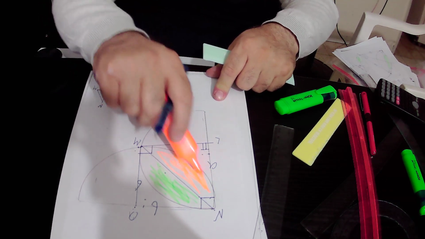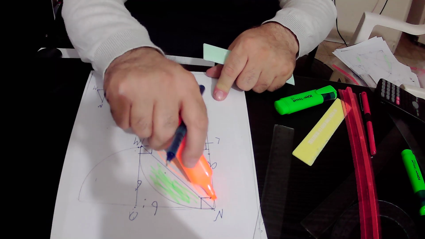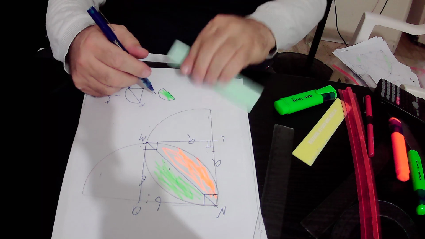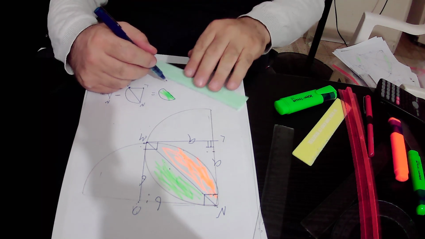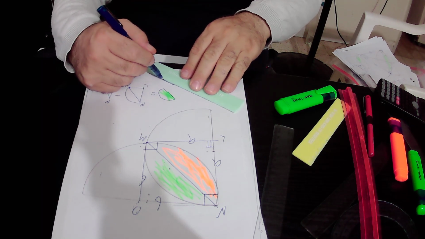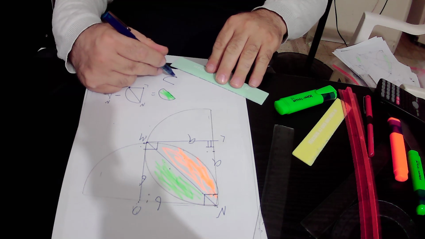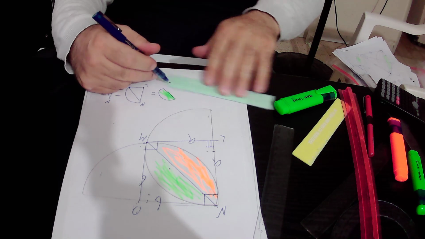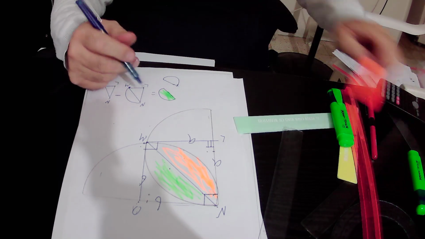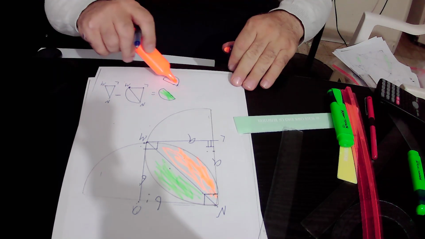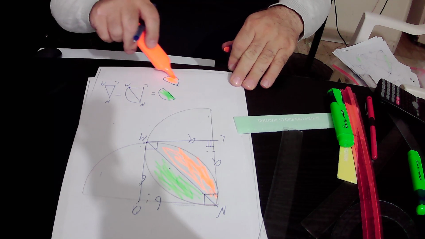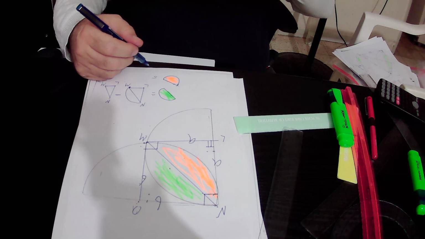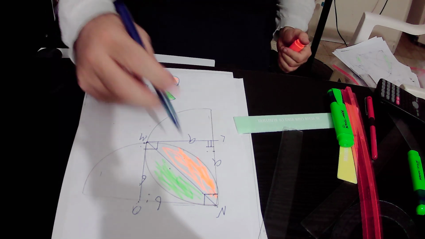The area of the orange circular segment will be equal to the area of sector NOM.